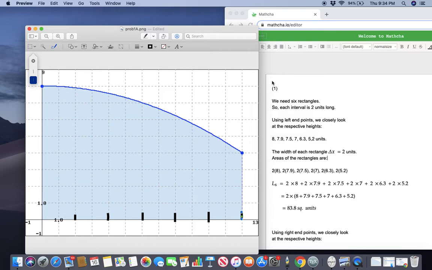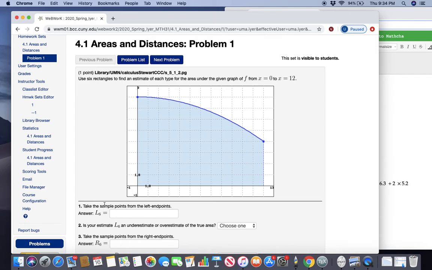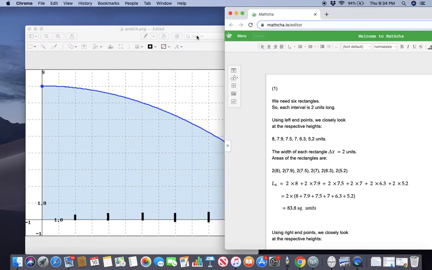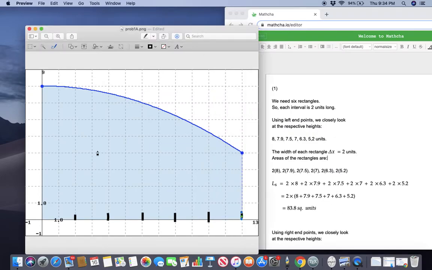Now they are saying that we need to use left end points. Look at the question. Take sample points from left end points. What does that mean? For each interval, the left end point, you understand. That's the left end point of the first interval.